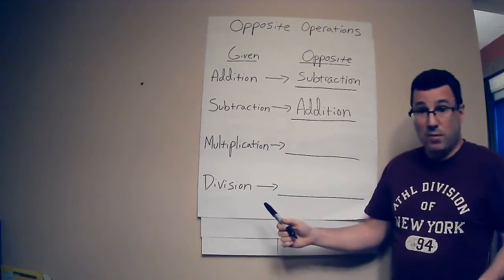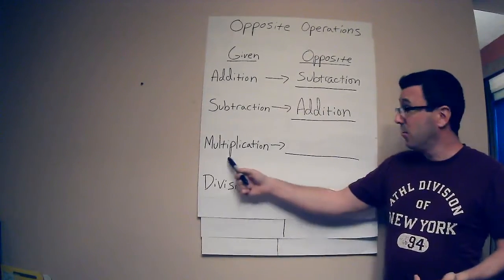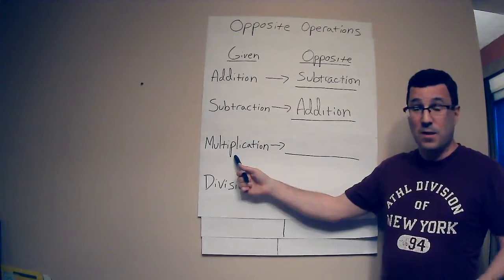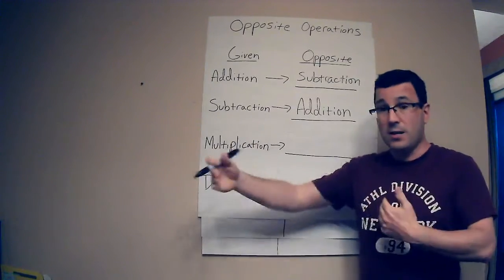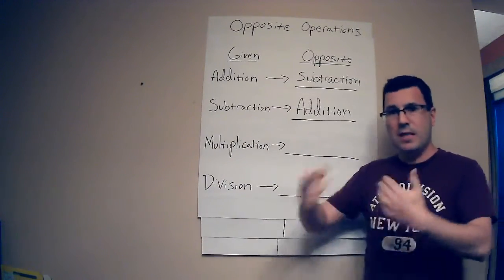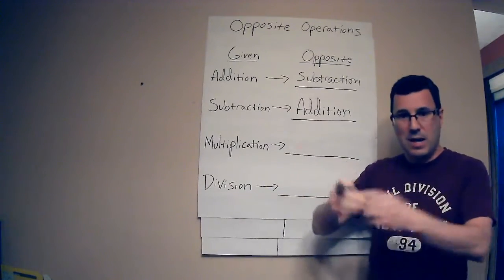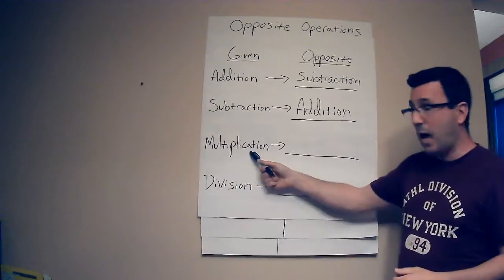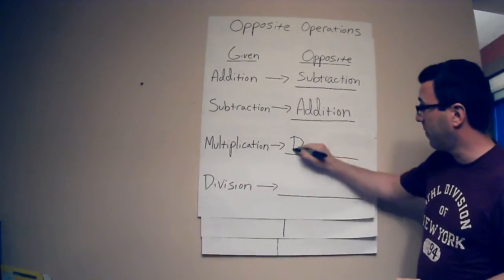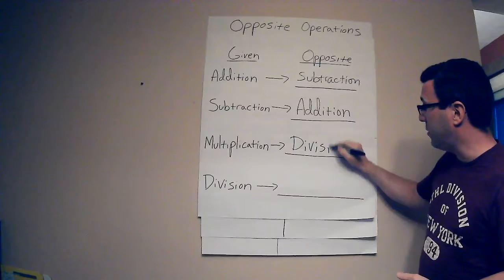Similar thing happens with multiplication and division. Well, when I'm given multiplication, that's when I'm multiplying something. I'm saying, well, I have it this many times. Well, division breaks that up. It says, well, let's take it and break it up. So the opposite of multiplication is division.